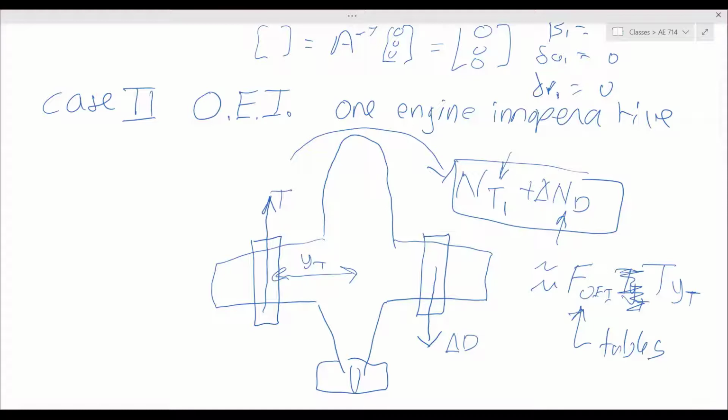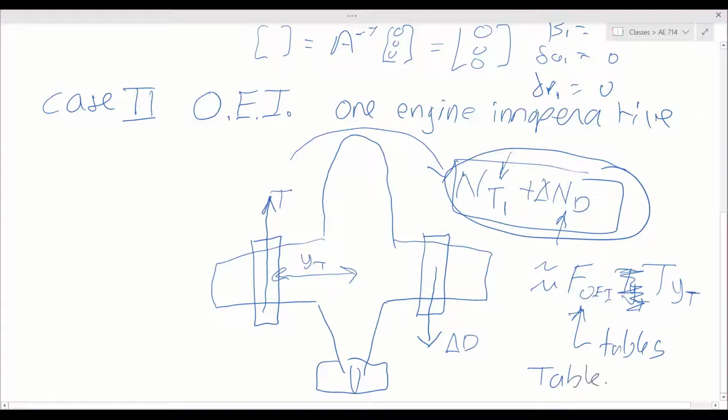For our example, we're just going to be given these numbers here. And let's see, this is in table 4.2, if you ever need it.